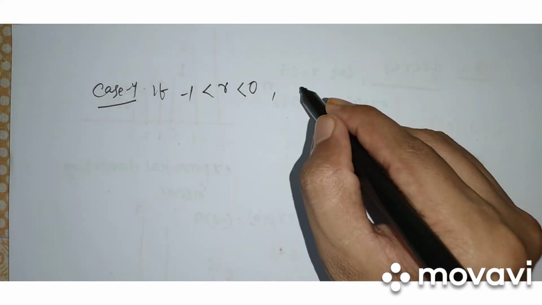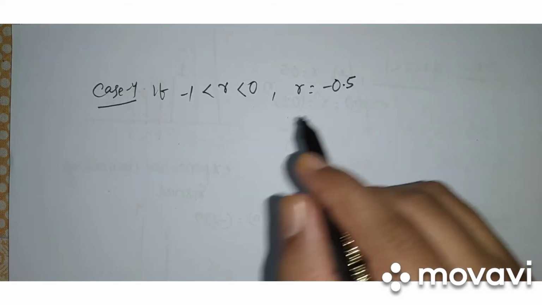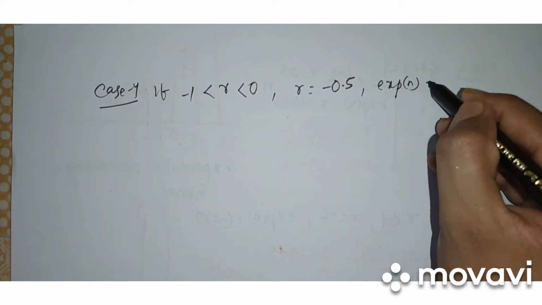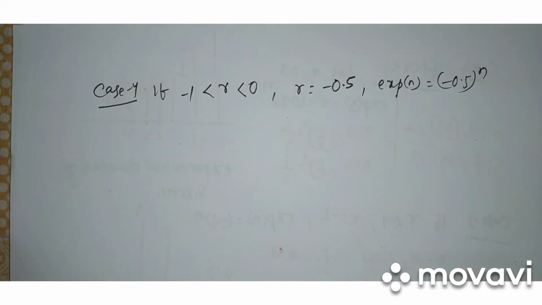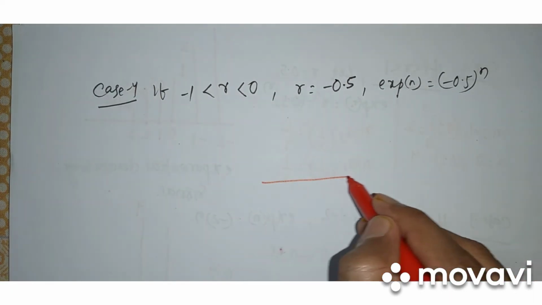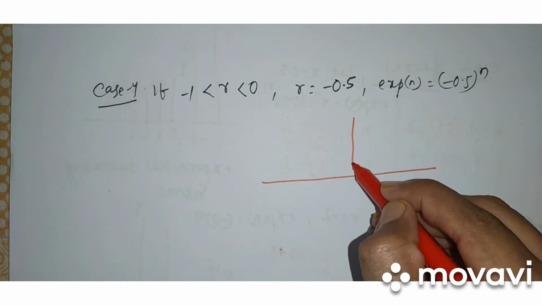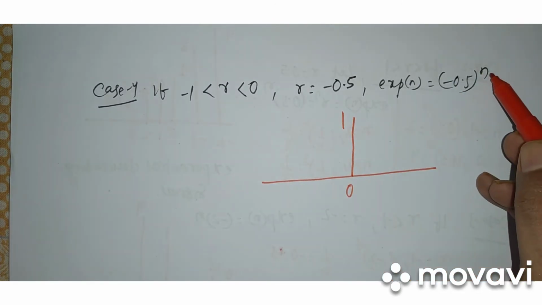Let r equal minus 0.5. Then the exponential signal is minus 0.5 to the power n. Now plot it. It's the same process. If you plot, n equals 0, it is 1, because minus 0.5 to the power 0 is 1.